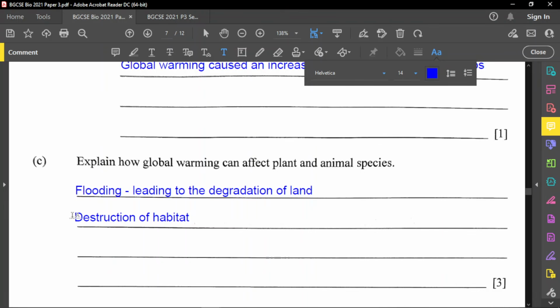And so we could also have migration of organisms. Migration of species could take place, and if you have migration of species, then what this may cause is a decrease in biodiversity.